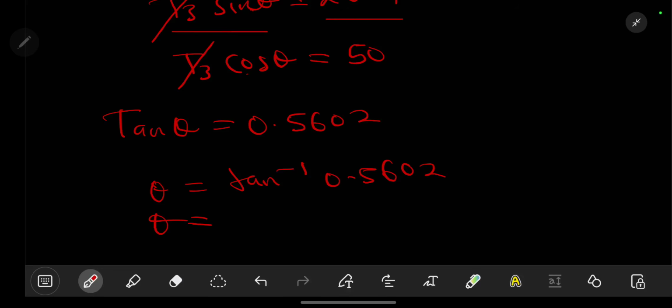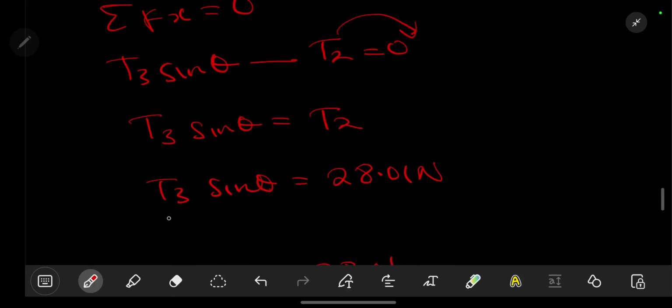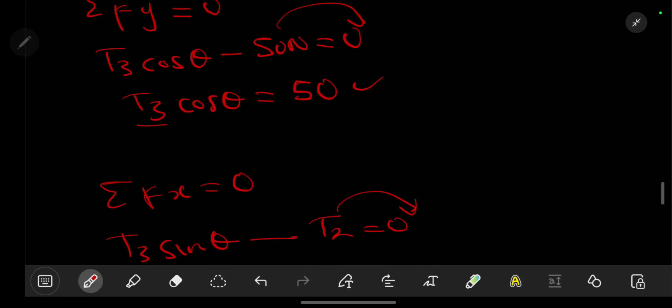When we find the tan inverse of this, we are going to find that our angle is equal to 29.56 degrees. Upon finding the angle, you can get any of the equations. You can get this one, or if you want, you can get this one to find T3, since you now know the angle.